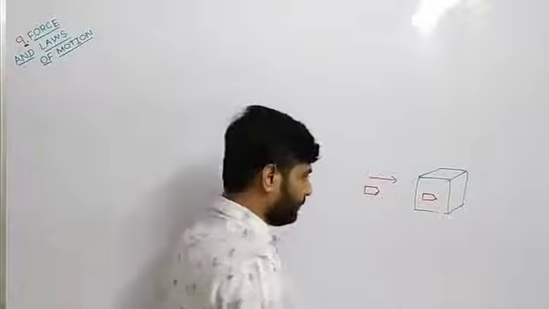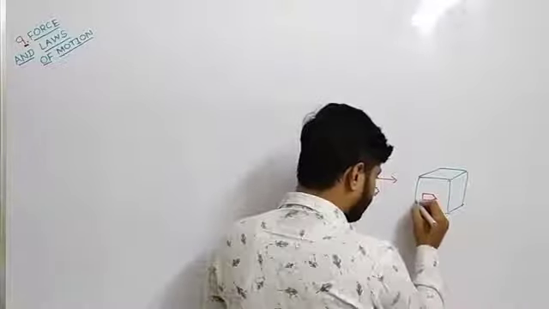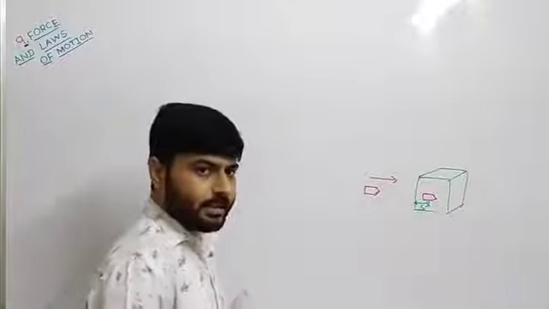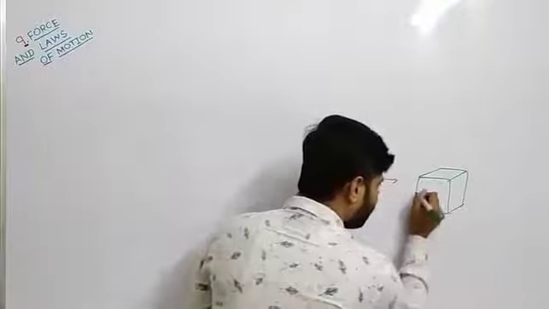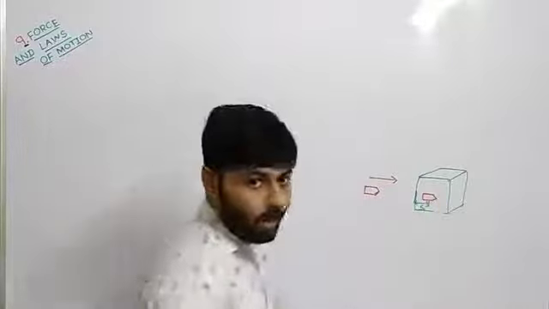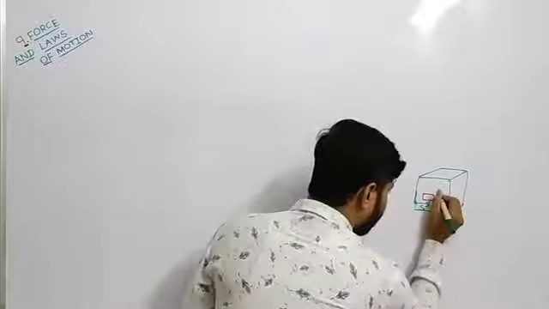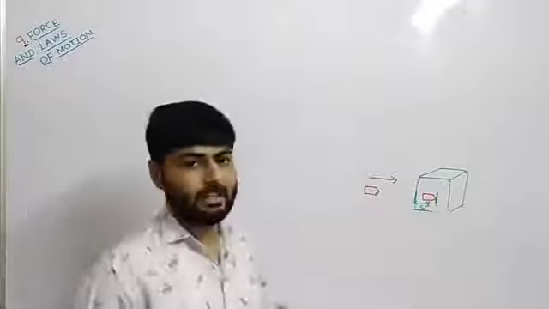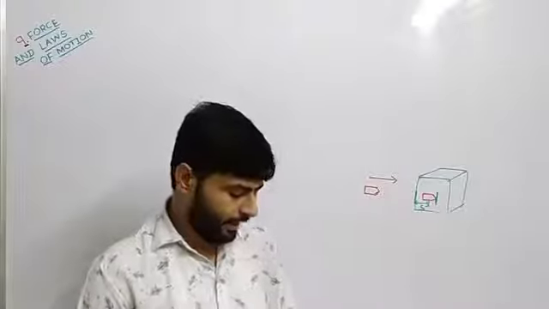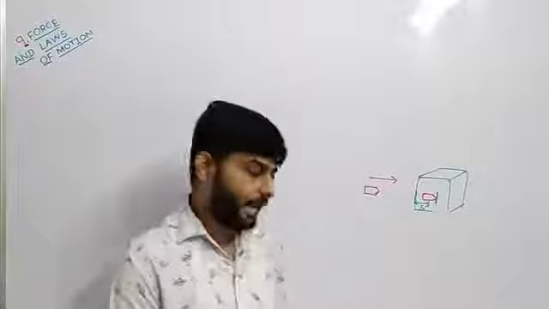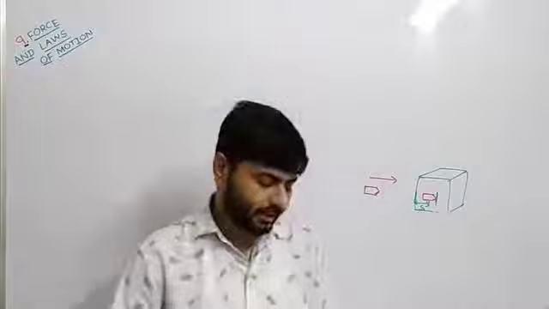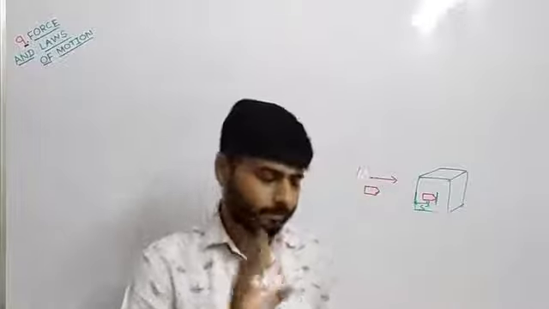So we have to find this distance of penetration that we call S, and to travel this distance, which means from the start of the block to this penetrated distance, it will take a time of 0.03 second, and we have to find the force exerted by the block on the bullet and the acceleration of the bullet.